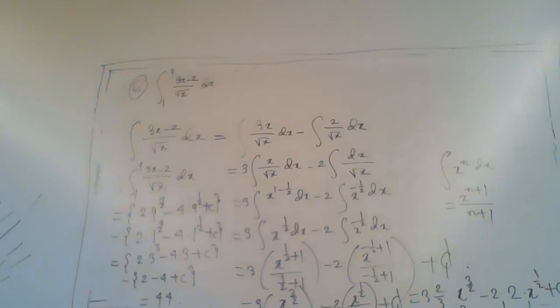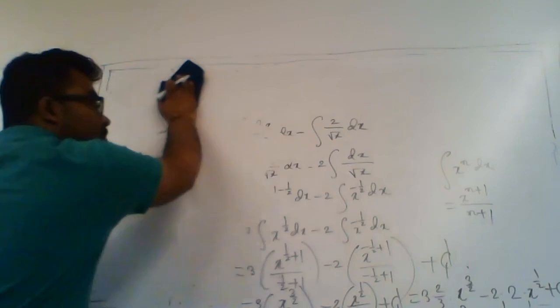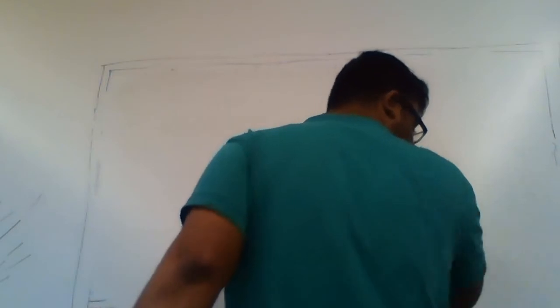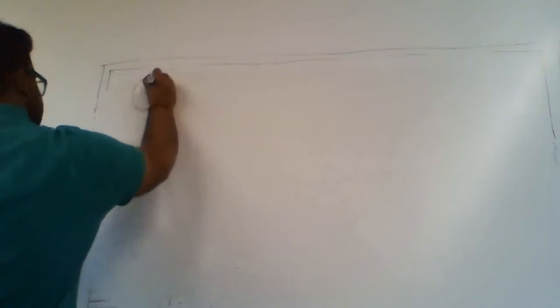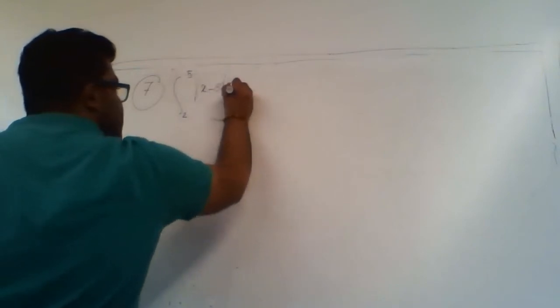Okay, so now let's do the next problem, which is very important. So how to deal with such functions where you have these bars or these absolute values?